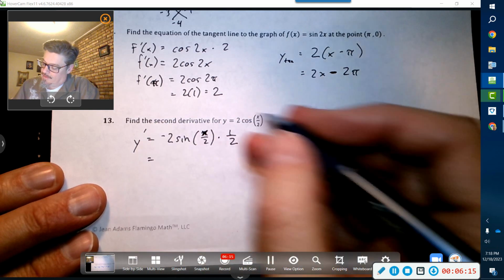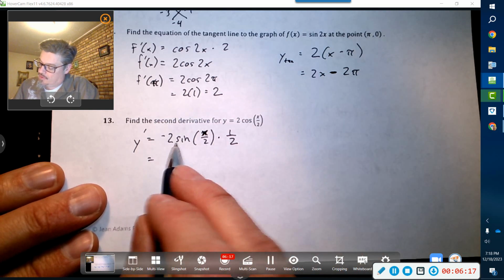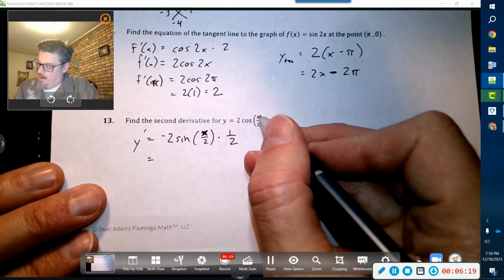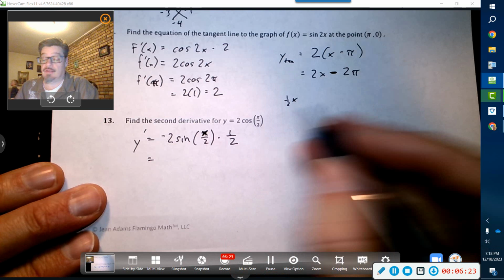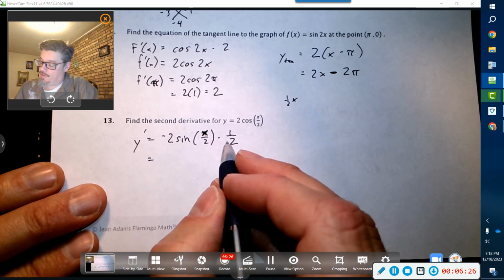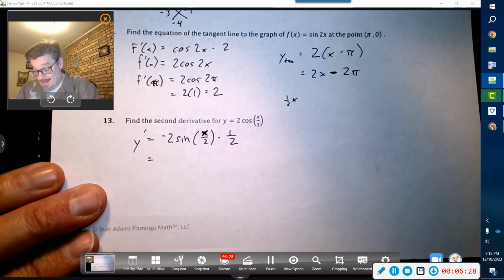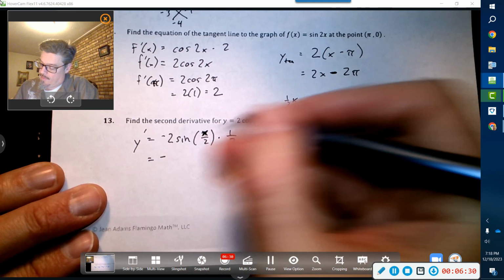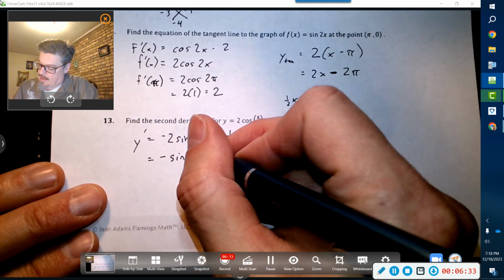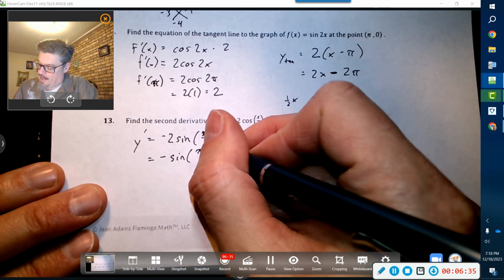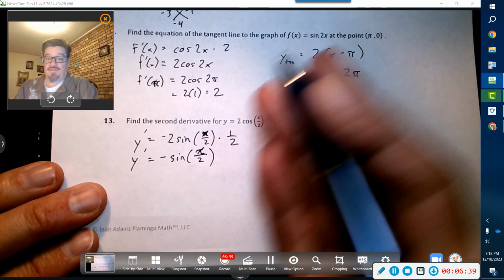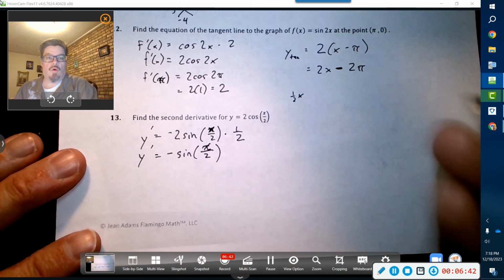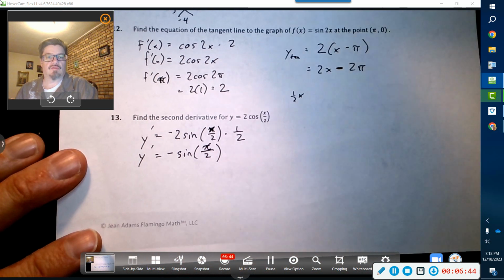This is actually 1/2 x. That's what x over 2 is. So I multiply the 2 times 1/2, that's 1, so that's negative 1. And so my derivative is this guy right here. Okay, that's the first derivative. And notice there is no other y prime for me to combine. So this guy is good to go. I can just do it again immediately.